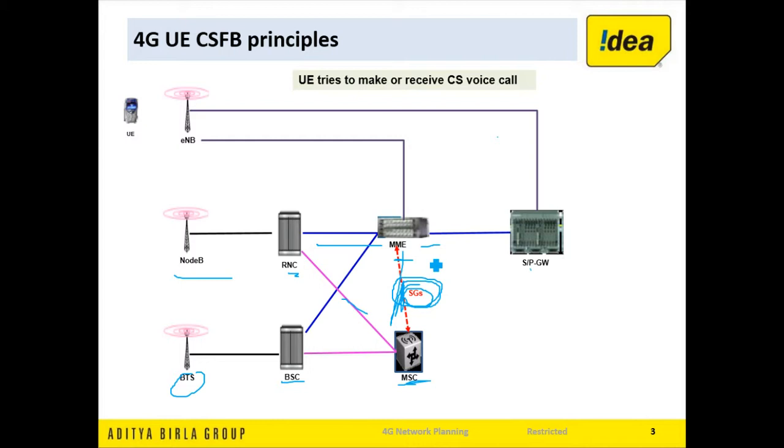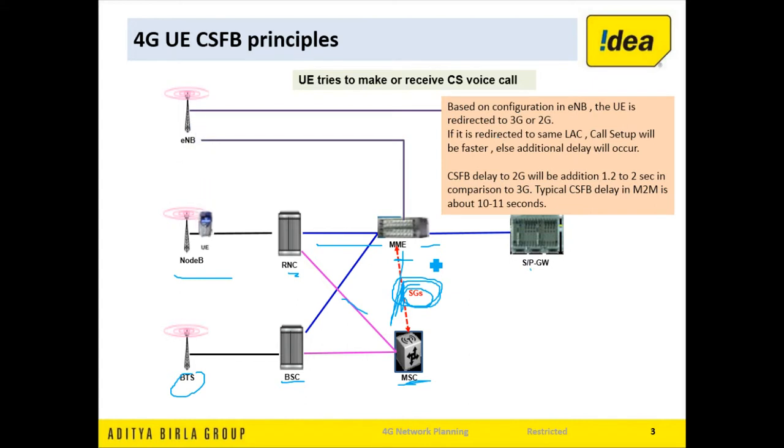Now let's see what happens when a UE tries to make or receive a call. Whenever a UE tries to make a call, the MME will initiate some message flow with the MSC on this SGs interface, and based on the configuration within the eNode B, the UE will be redirected to either 3G or 2G.